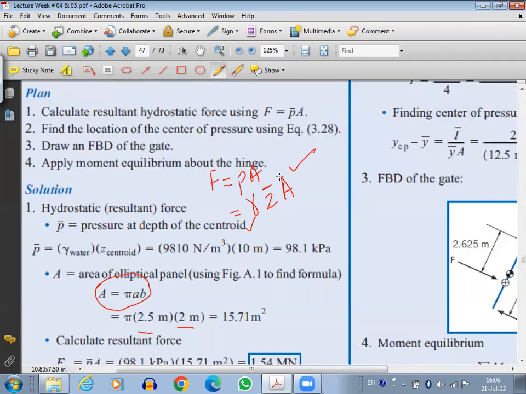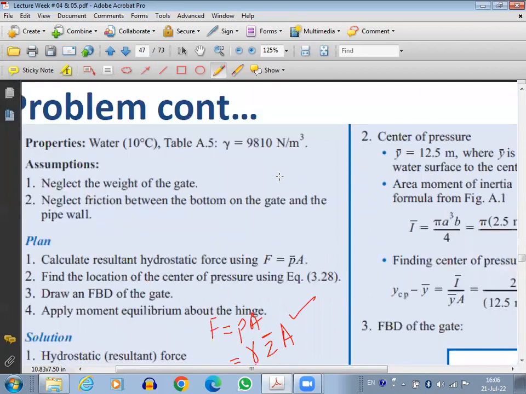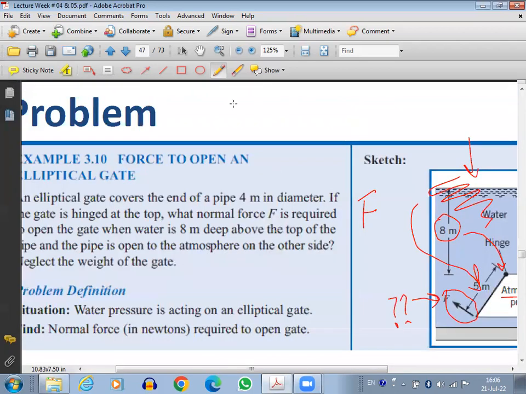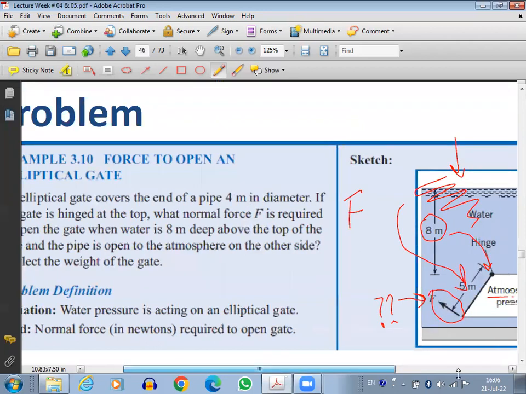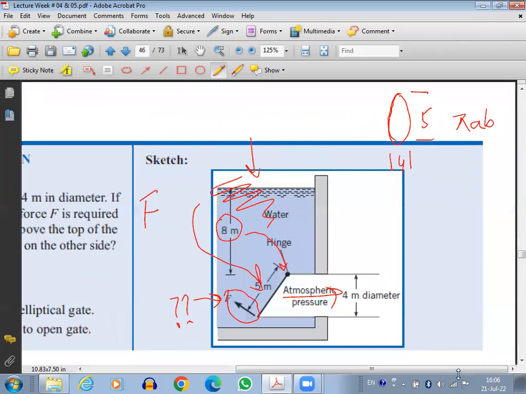Now finding out Z bar. Okay. Look here. Z bar is from the surface open to the atmosphere. So from this surface. Okay. So it would be at the centroid. Centroid means the center of the ellipse.